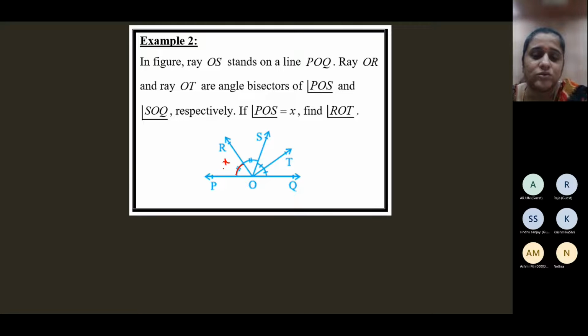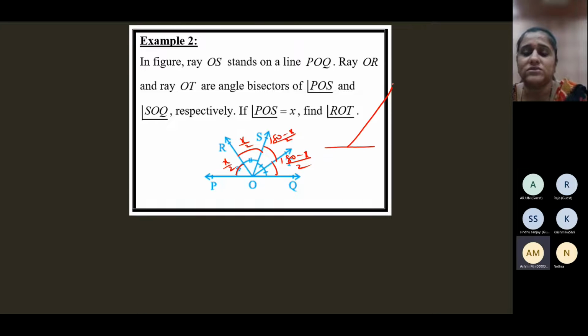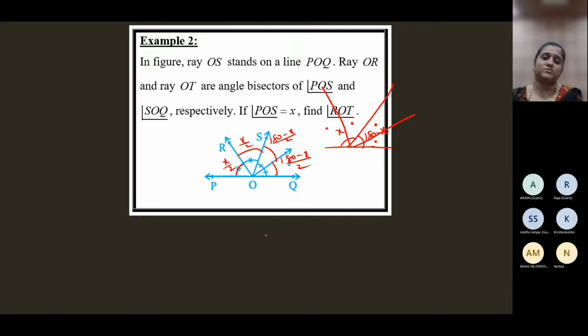This one is X by 2, this one is X by 2. This one is (180 minus X) by 2, this one is (180 minus X) by 2, because this one is X and this one is 180 minus X. So on this side it will be X by 2, X by 2, and on this side (180 minus X) by 2 and (180 minus X) by 2.